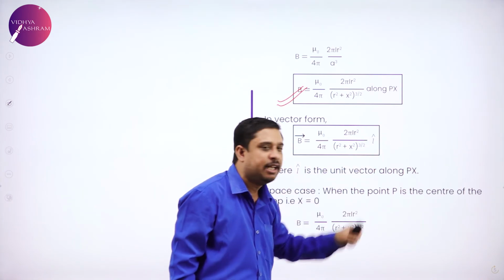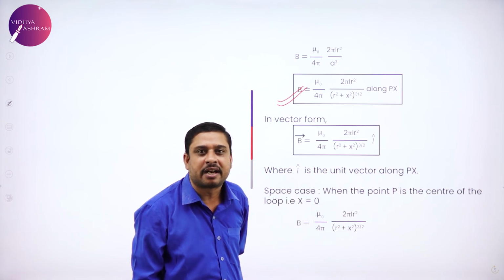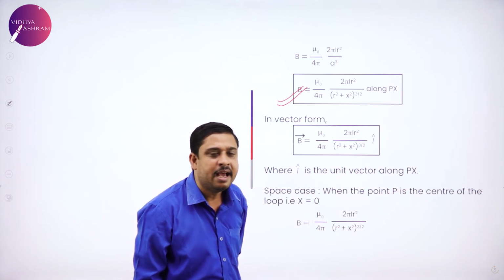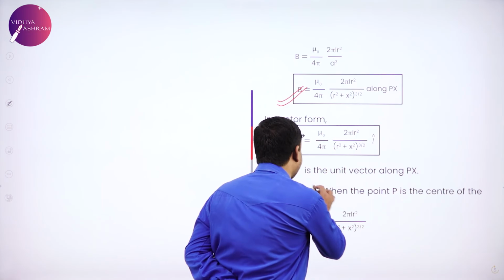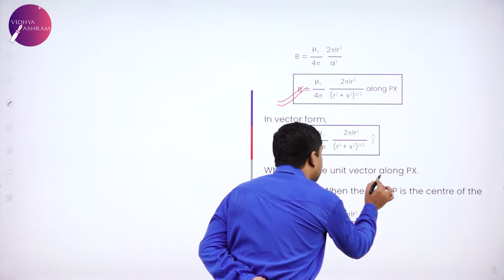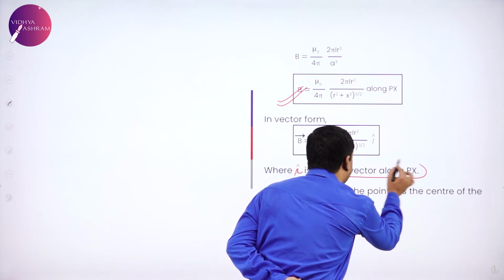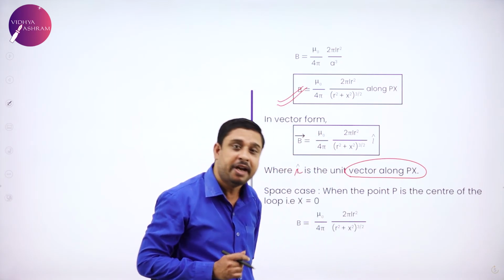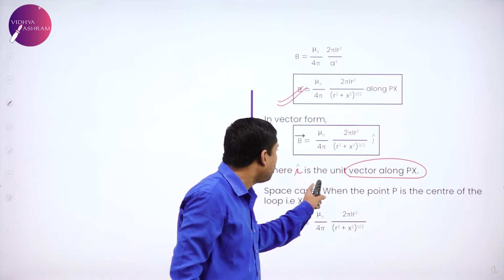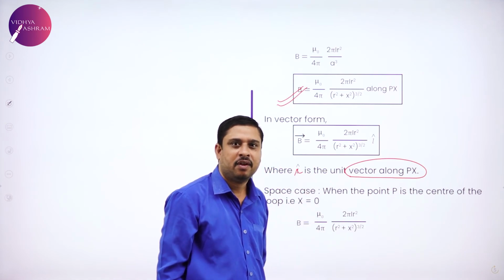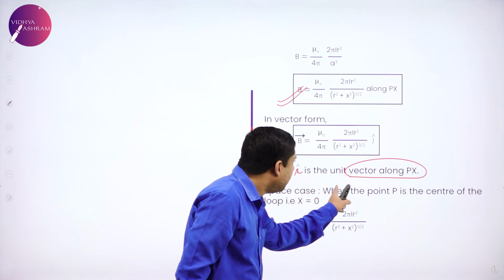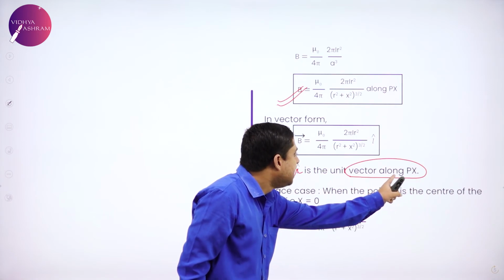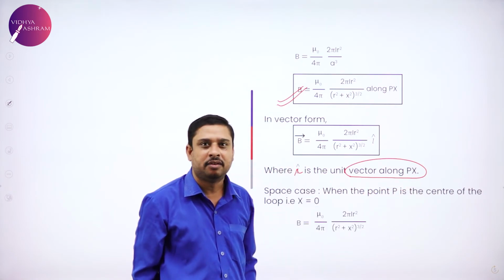on the right-hand side we introduce the unit vector i cap. So i cap is the unit vector along the direction of the x-axis. Now, going to a special case where I assume the point P is at the center of the coil.